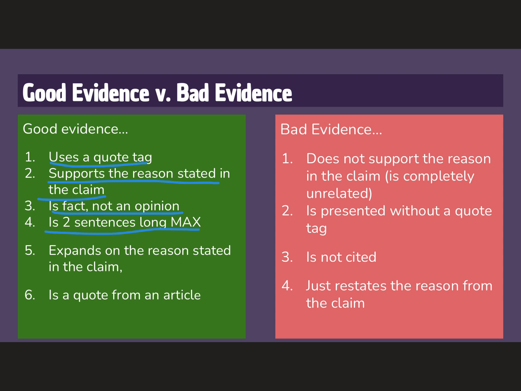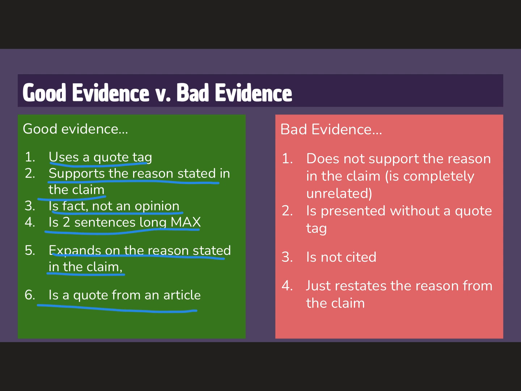You want to write your own arguments, rather. It expands on the reasons stated in the claim. This essentially means that, again, your evidence and your claim need to match, and they can't just say the same thing. So if you're banning cell phones and you say that critics argue that banning cell phones is good, you're not really expanding on your evidence. And lastly, it needs to be a direct quote from an article that you have read.